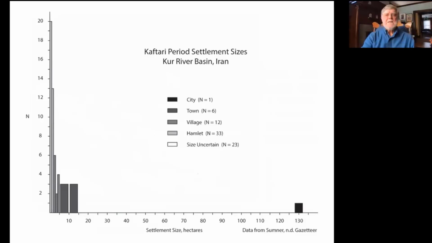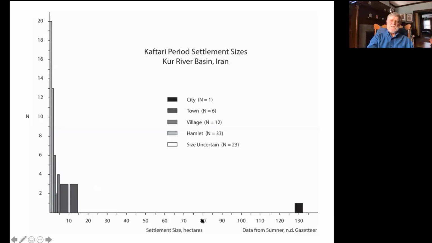Here is the histogram of Kaftari period settlement sizes. Malian down here is huge. There's nothing in between, and this is something that Greg Johnson called a primate settlement size hierarchy.